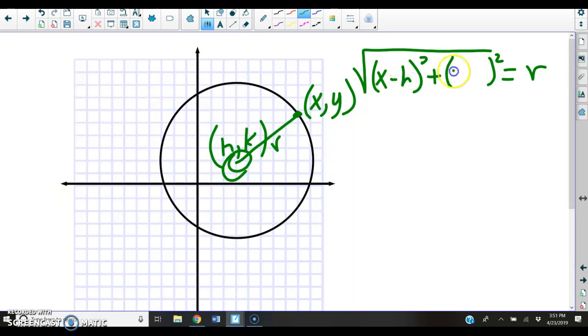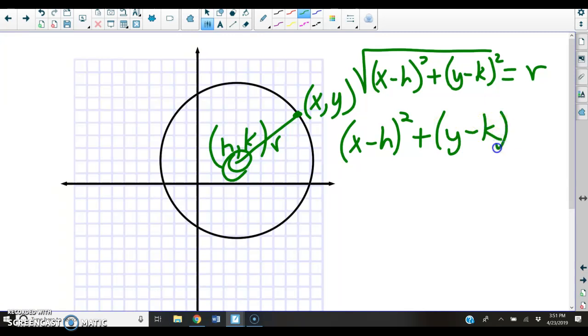My y's are y and k. So if we just square both sides, x minus h quantity squared plus y minus k, the quantity squared, equals the radius squared. And I have my equation of my circle. It was derived directly from the distance formula.